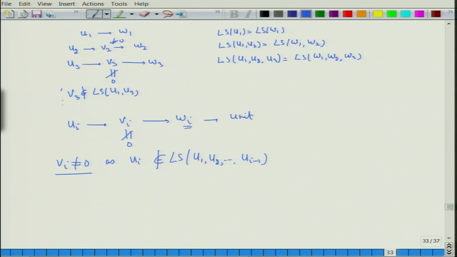The unit vector in the direction of vi. So in the process, the way we are building up, this will imply that LS of u1 to ui will also be equal to LS of w1 to wi, all right, fine.